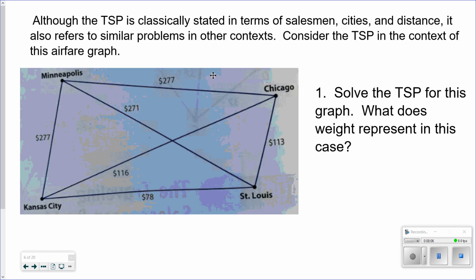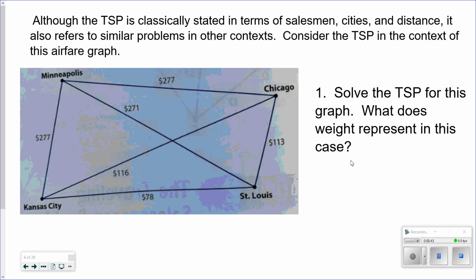Consider the TSP in the context of this airfare graph. So what we're going to do is try to solve the traveling salesperson problem for this graph. The first question it asks is, what does weight represent in this case? If you take a look at the edges here, they're written in dollars, and it's about airfare. So we could say that this edge of 277 is really representing the cost of the airfare from Minneapolis to Chicago. So what am I trying to find?